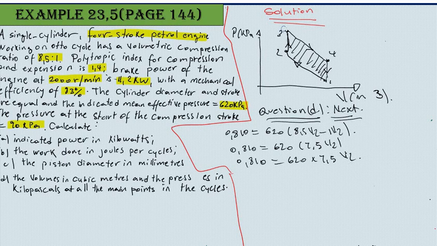So now to get V2, I'm gonna need to send these two values to the other side, to the left. So in other words, I'm gonna say 0.810 divided by 620 multiplied by 7.5, so that gives V2. So therefore V2 will be equal to, so I just need to work this out.